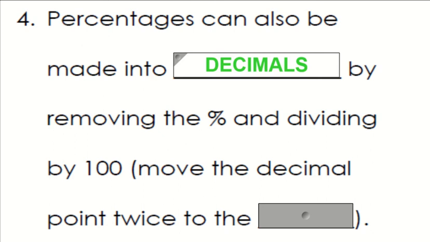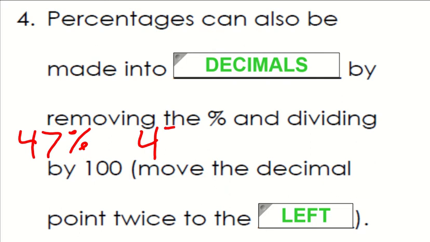Percentages can be made into decimals by removing the percent sign and dividing by 100. Basically, when you divide by 100, you move the decimal 2 places to the left. So going back to the 47% I mentioned before, you remove the percent sign, so you have 47, and you divide by 100.